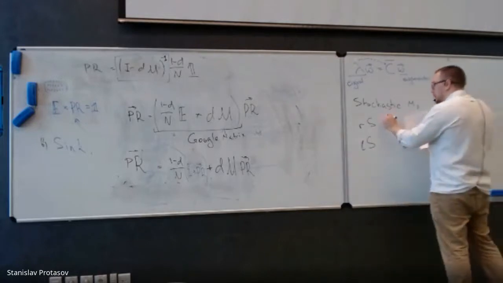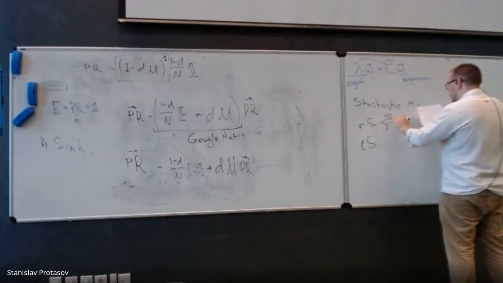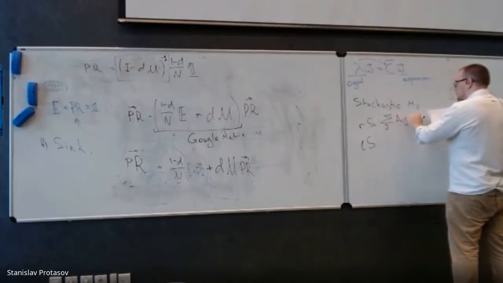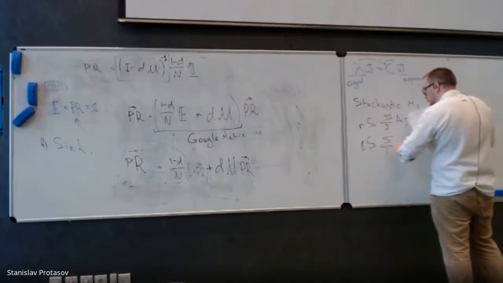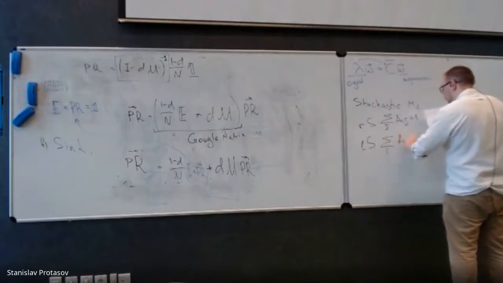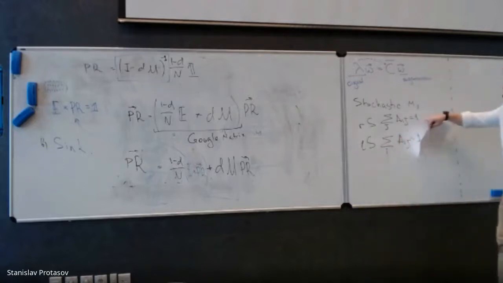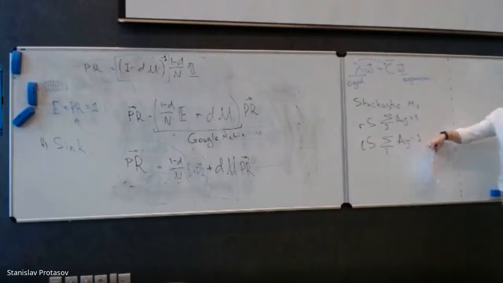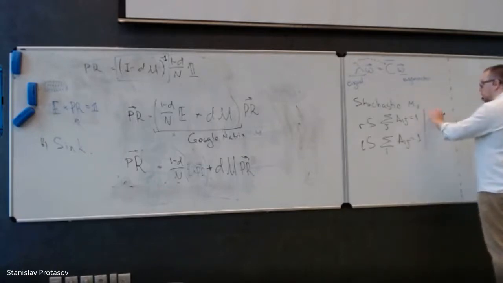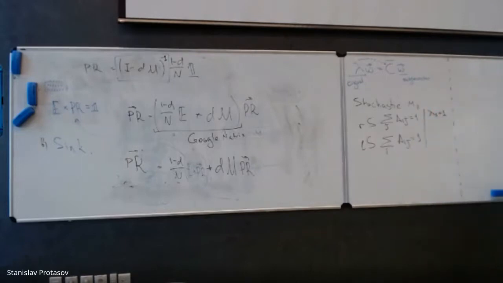A right stochastic matrix is when the sum over j of a_ij equals 1, so this row sums to 1, and for the other, this column sums to 1. There are a few beautiful properties of stochastic matrices. One is that the dominating eigenvalue of such matrices is 1. So lambda 1 equals 1.